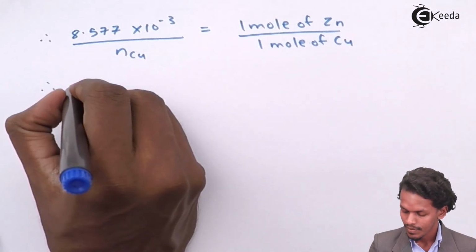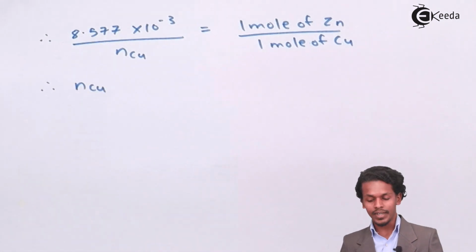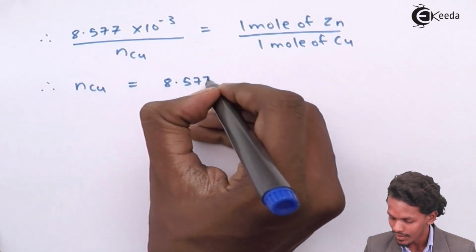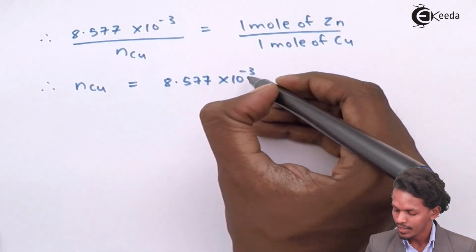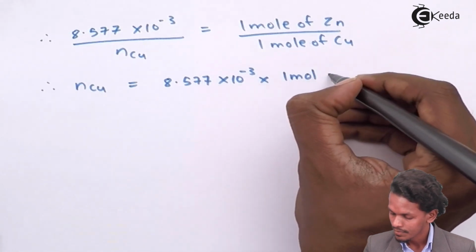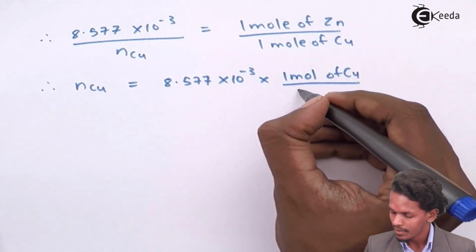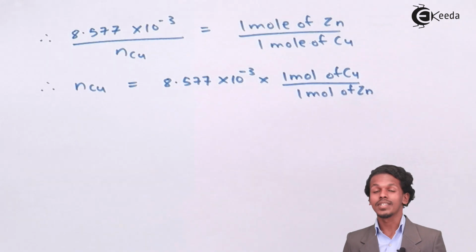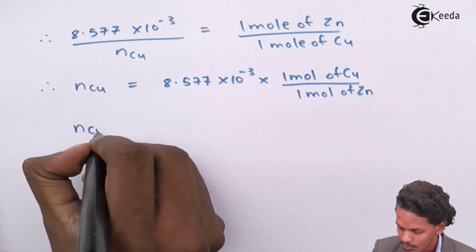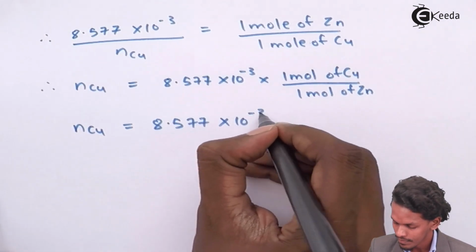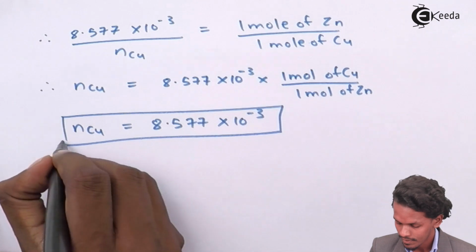Therefore, N of Cu, the number of moles of copper, will be 8.577 into 10 raised to minus 3 into 1 mole of copper divided by 1 mole of zinc. This will cancel out because it is the number of moles. So the number of moles of copper has been calculated.